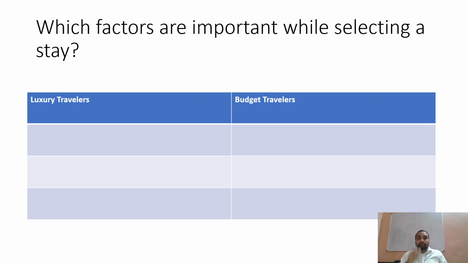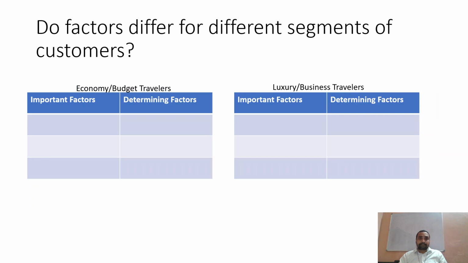So what makes the decision? Now, what factors differ in different segments of customers? When it comes to economy or budget travelers, what are the important factors and what are the determining factors? And when it comes to luxury travelers, what are the important factors and determining factors? As we have seen, the important factors are the same, that is probably safety or comfort or cleanliness, hygiene.